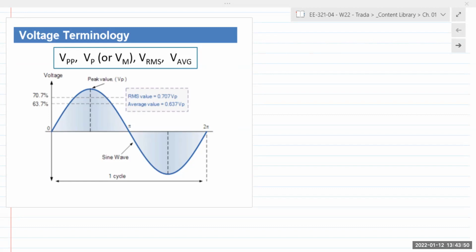It tells you the quantity in the y-axis. So VM or VP stands for the magnitude or the amplitude or the peak value of that waveform. And it's only describing one peak, not two. So if you want both peaks, you use VP dash P or VPP, peak to peak.